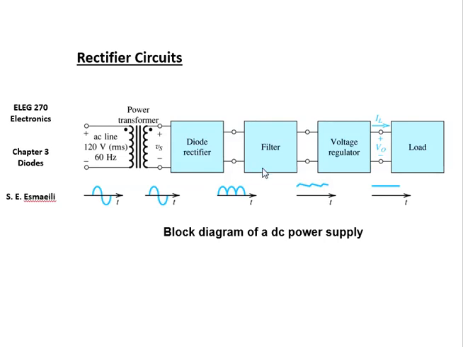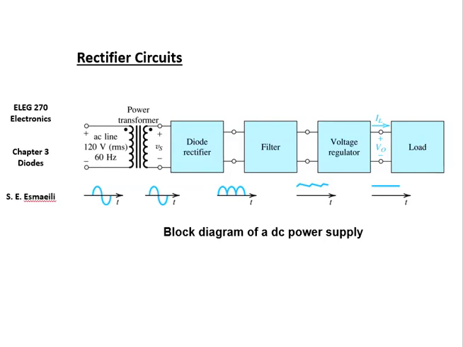A filter turns this signal into a signal like this because it removes the ripples as much as it can. And right after the filter it goes to a voltage regulator, and the output will look exactly like a direct line. So here is your load, your phone at the end, that needs a clean 5 volt DC.